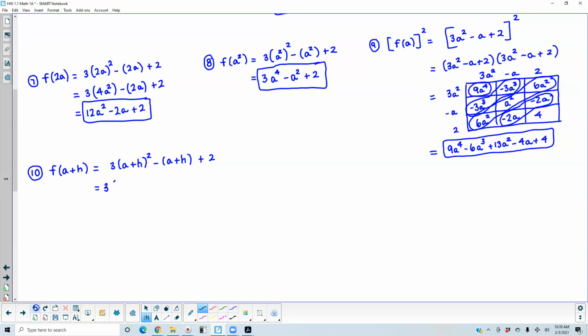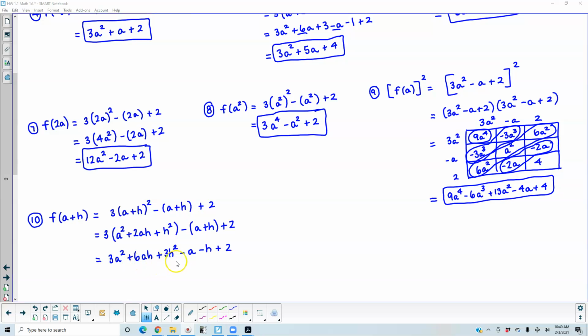A plus h squared is a squared plus 2ah plus h squared minus a plus h plus 2. And if we distribute the 3, we get 3a squared plus 6ah plus 3h squared minus a minus h plus 2.